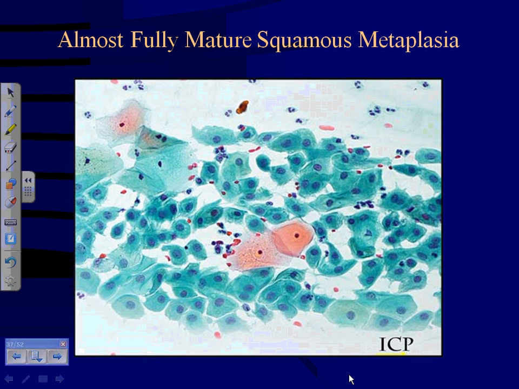The nuclei are actually starting to look a little bit smaller in size, starting to get to the size that they more likely resemble that of an endocervical cell, or even down to the size of an intermediate squamous cell. But these nuclei are still slightly larger than intermediate squamous cells. They still have a higher NC ratio compared to normal squamous cells.